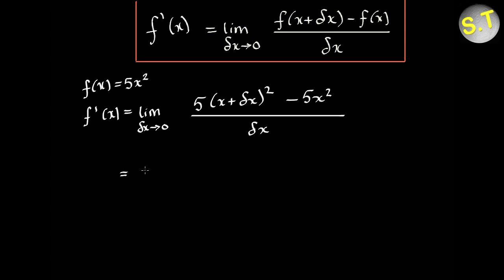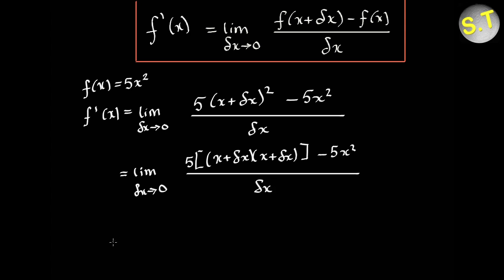So if we fully expand this out just to show exactly what's going on, we're left with the limit as delta x approaches 0 of 5 times, and then when we expand this out, we have x squared plus 2 delta x times x plus delta x squared.